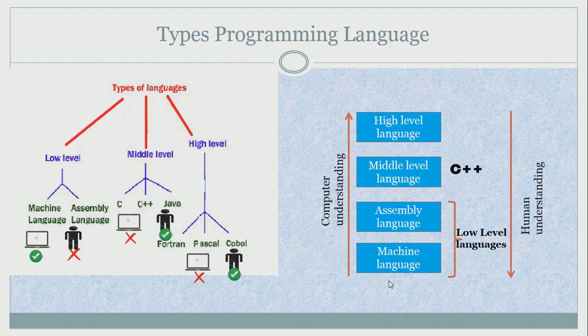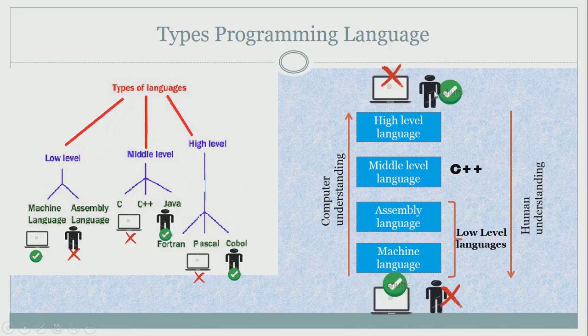However, human understanding is opposite to the computer understanding. High-level language is the easiest, then comes middle-level language, then assembly language, and then machine language. So the summary is, high-level languages are the easiest for humans and the most difficult for computers, and low-level languages are easiest for computers and the most difficult for humans.